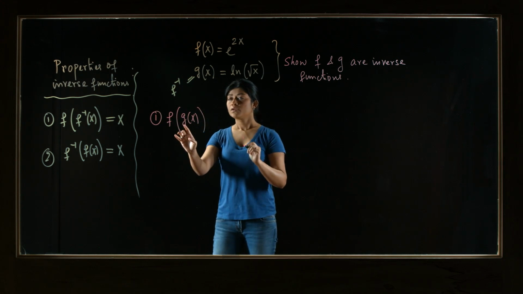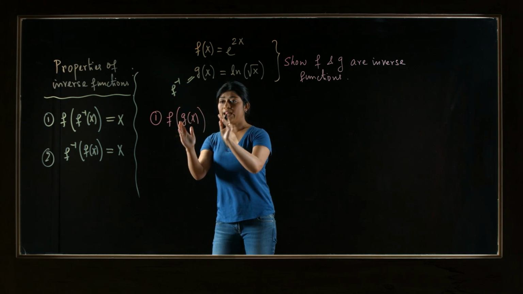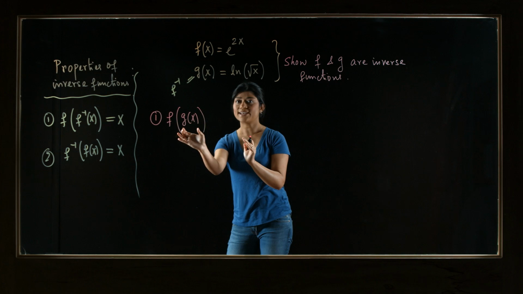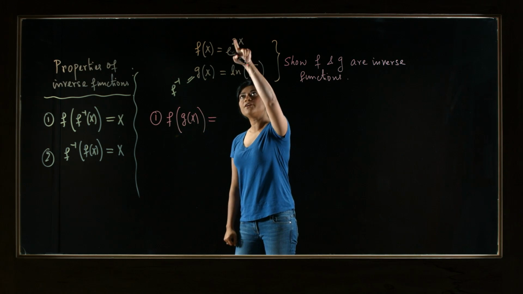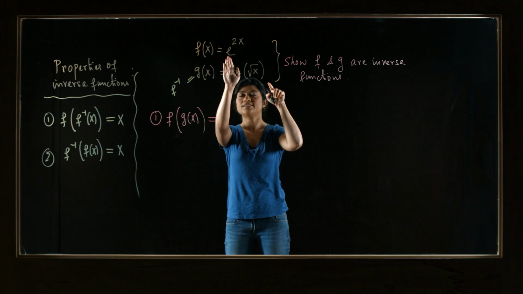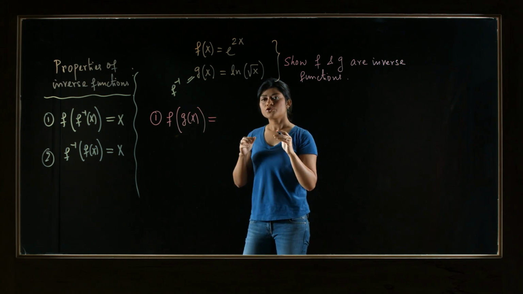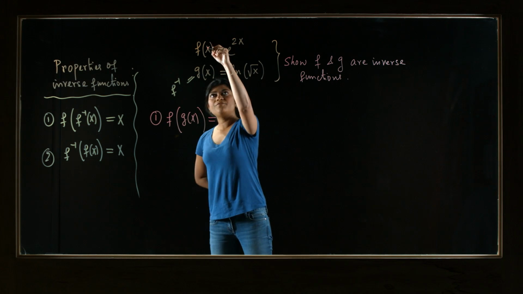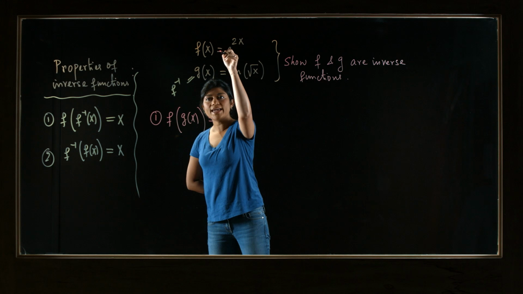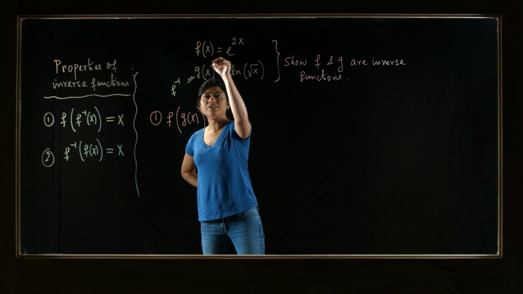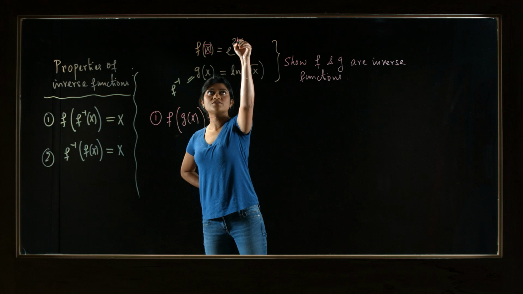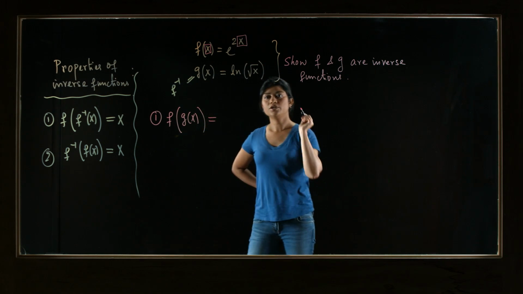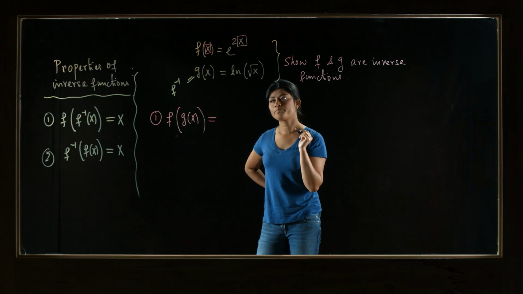Now, how do we evaluate the function f at g of x? Go back to the expression for the function. f of x is e to the 2x. Imagine wherever you have this variable x, there is an empty box. On the right hand side also, your x is inside a box.